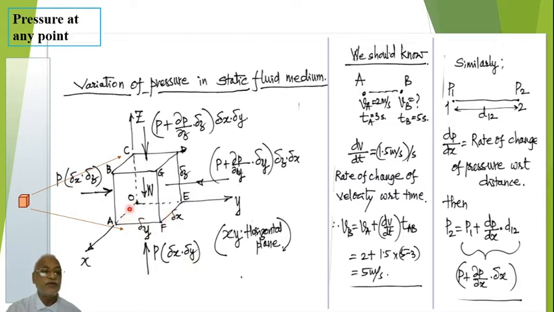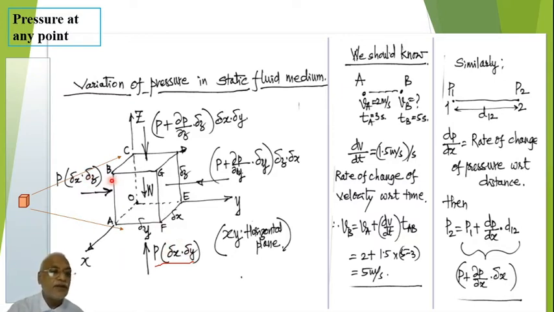Delta X into delta Y gives the bottom area, and whenever you multiply this area with P, it gives you the force. So that is the force. Okay, here bottom pressure is this.